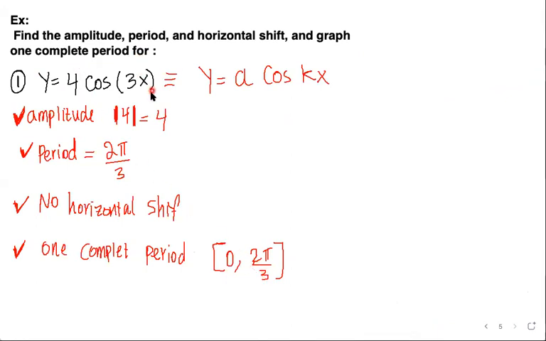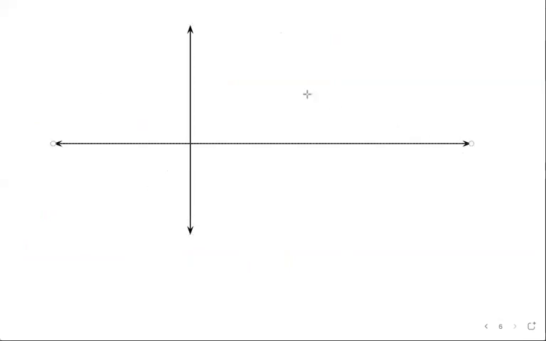Now, how can I graph it? It's simple. First of all, you graph the cosine function. The cosine function has a graph like this: it starts at 1, goes down, then goes up.